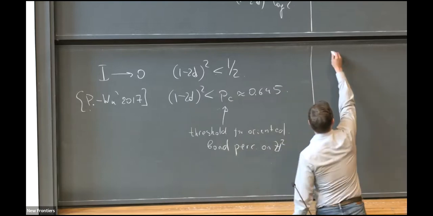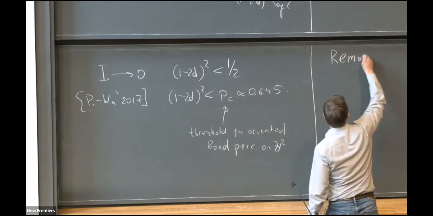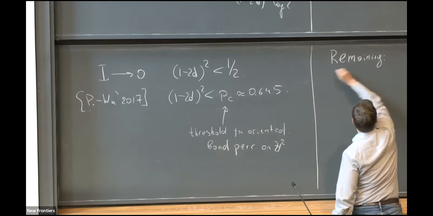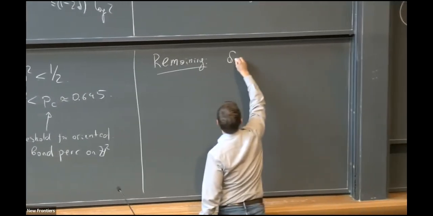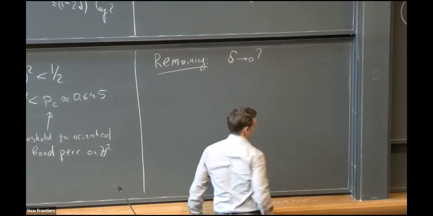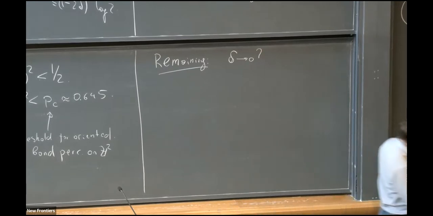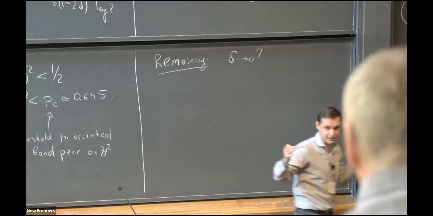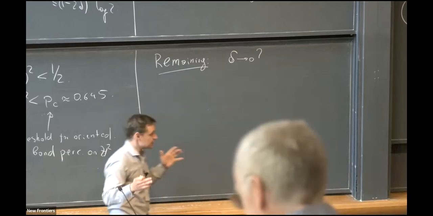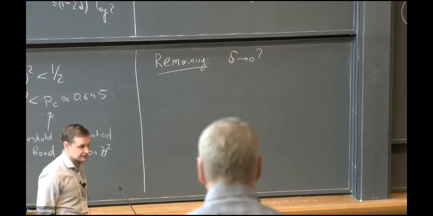So the main remaining annoying question is, what about delta going to 0? If the noise is very, very low, then information will propagate for a while. The question is, is it actually going to be destroyed by some deltas which are very low?